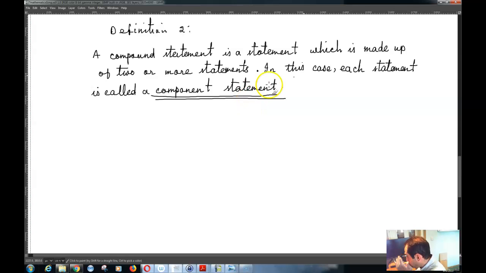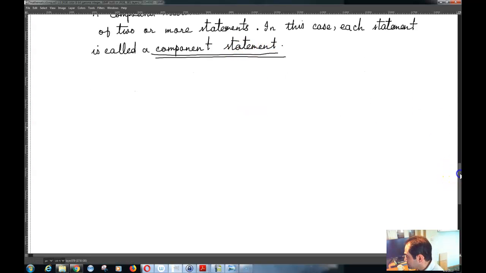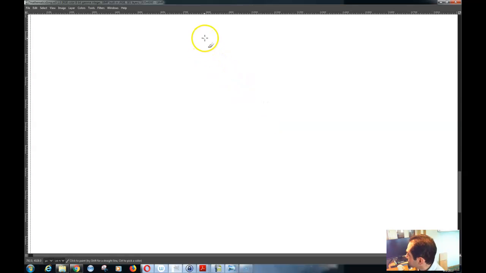Now we have a couple of examples here. So let's see what these examples are. Example number 4: find the component statements of the following compound statements. For example, the sky is blue and the grass is green.